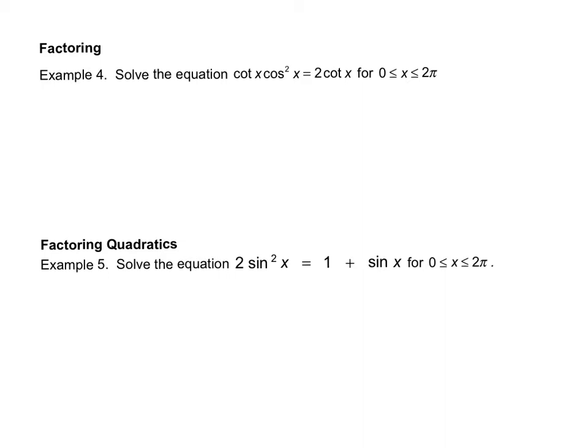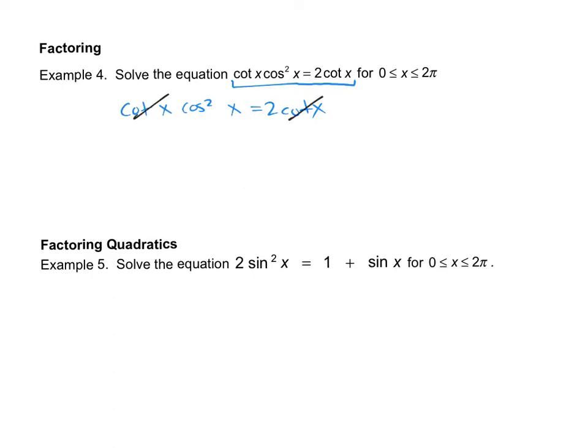Another strategy is factoring. We can factor things that are quadratics or not. Example 4 is not a quadratic. So our equation is cotangent of x cosine squared x equals 2 cotangent x. Now in this case, you may be able to see that the cotangent of x will come out of both sides.